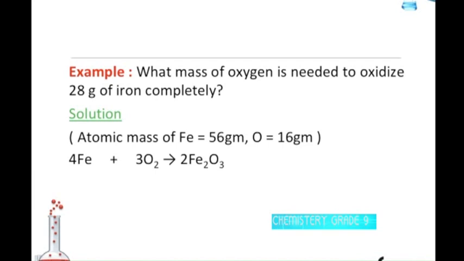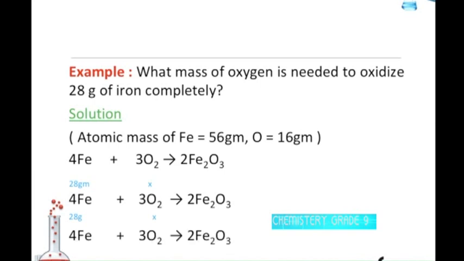4 iron plus 3 oxygen yields 2 iron oxide. So we write the X above the oxygen, the 28 above the iron, and on the bottom write the mass.